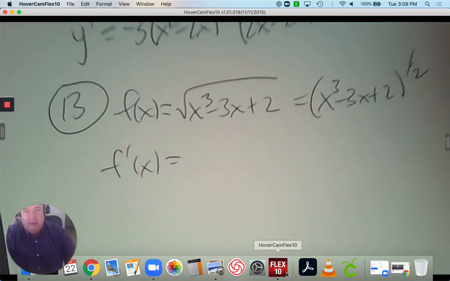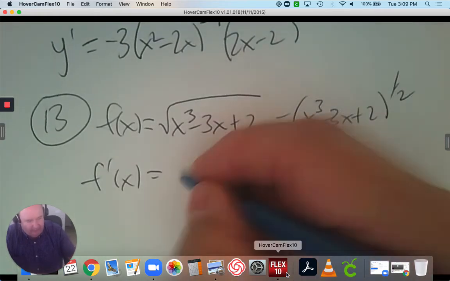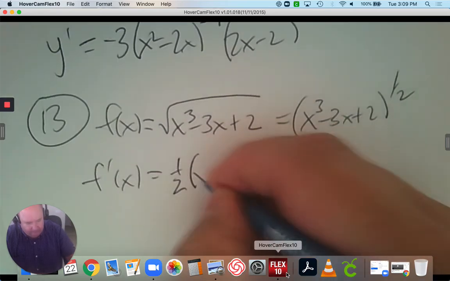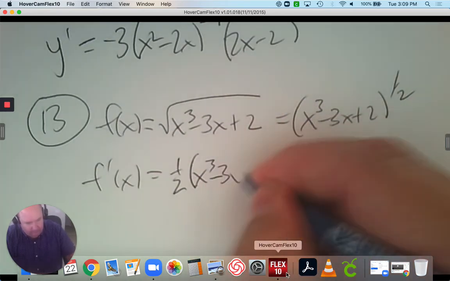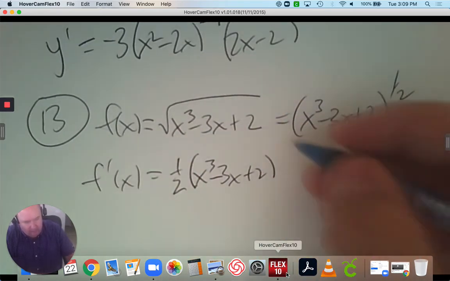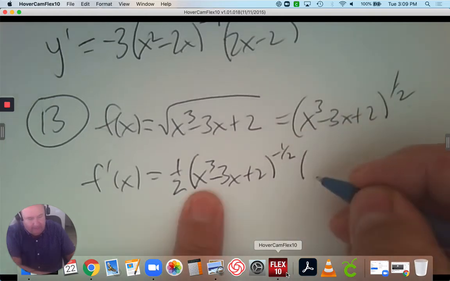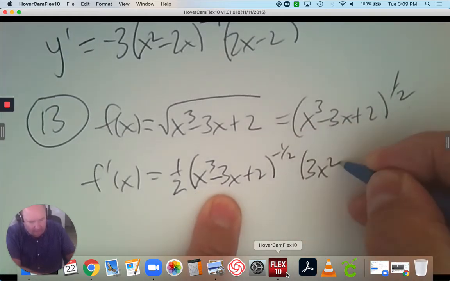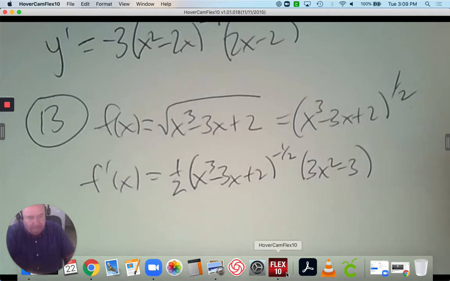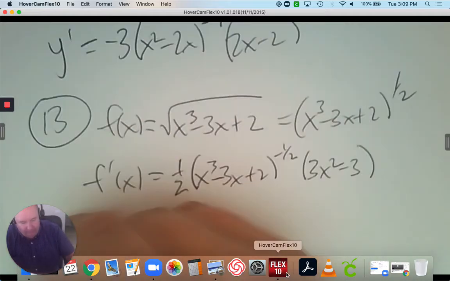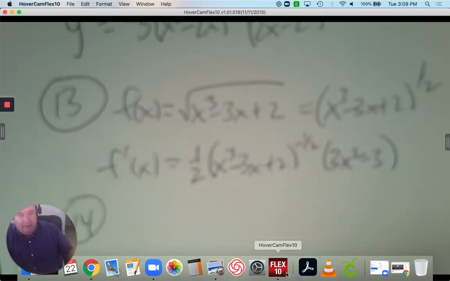So take the radical sign, write it to the exponent 1/2. So the power rule, subtract 1, take away 2 is -1/2. And then it needs the hook of 3x squared minus 3. Done. Those are both examples of the chain rule.